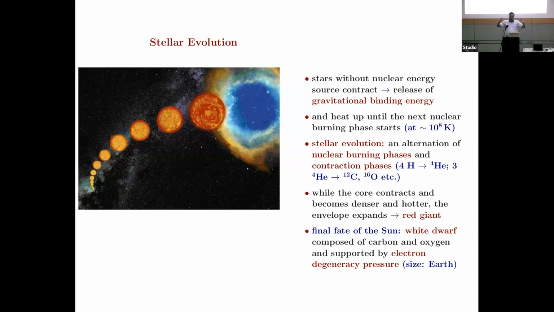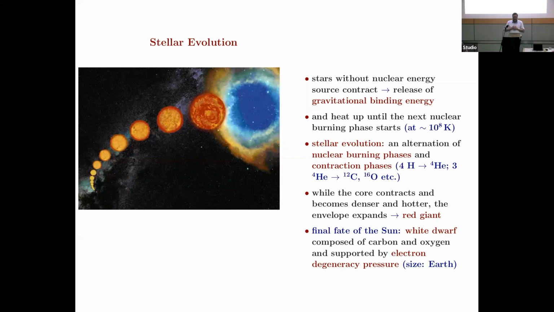That contraction releases gravitational energy, and half of that gravitational energy goes into the radiation, and the other half essentially heats up the interior. So the star, even though it loses energy, becomes hotter, the core of the star.